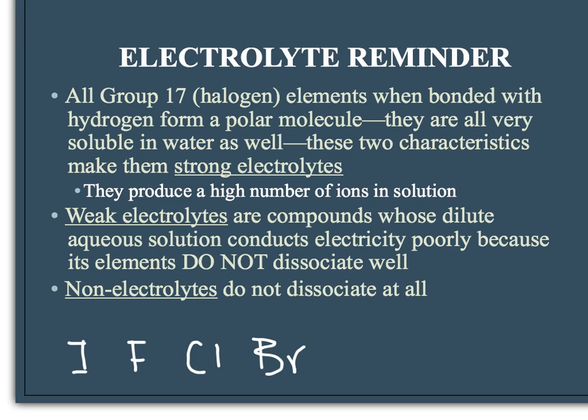And so they always form a polar molecule in that type of relationship. Also, because that hydrogen's 1 electron is pretty easy to pull away, they are very strong electrolytes. They can pretty easily dissociate into 2 ions, into the hydrogen and the bromide, or any of the other ones.